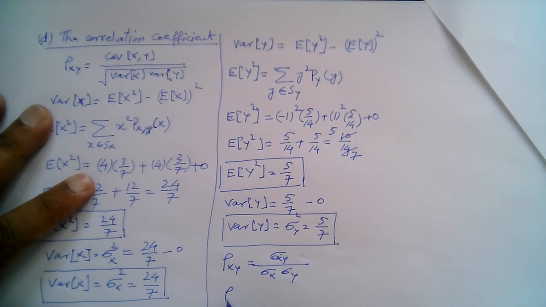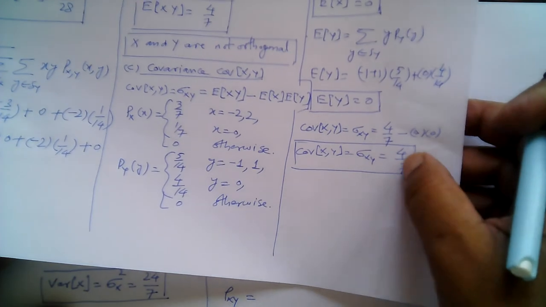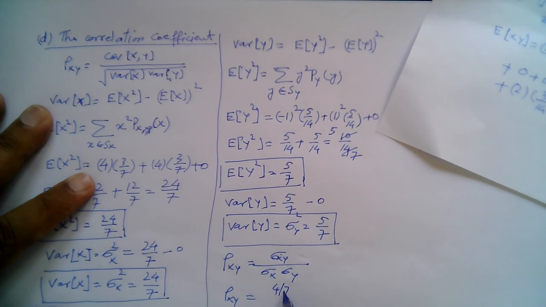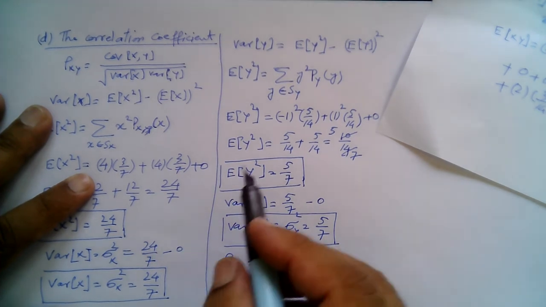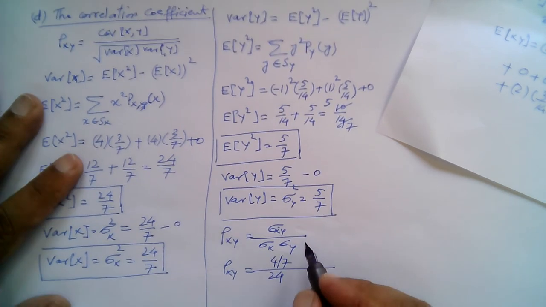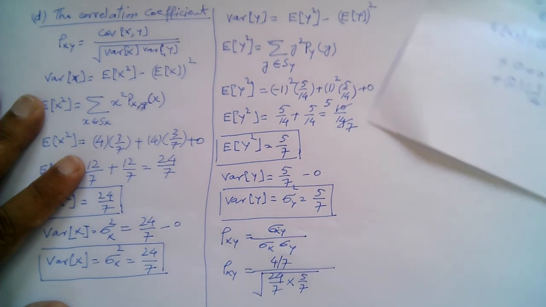The covariance we calculated was 4 over 7, divided by the variance of x, 24 over 7, multiplied by the variance of y, 5 over 7, and we take the square root here.